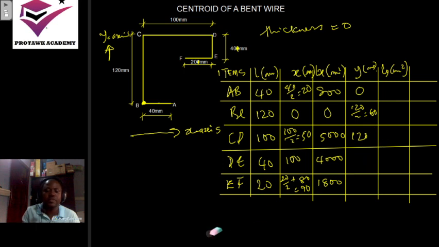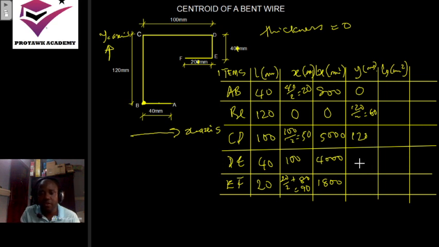So 120. The next thing we have to consider is DE. DE's own centroidal distance will be DE over 2 plus 120 minus DE.